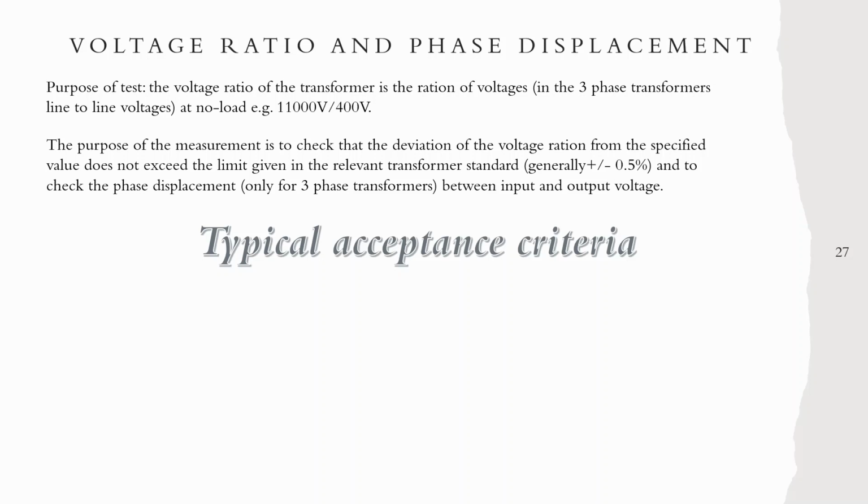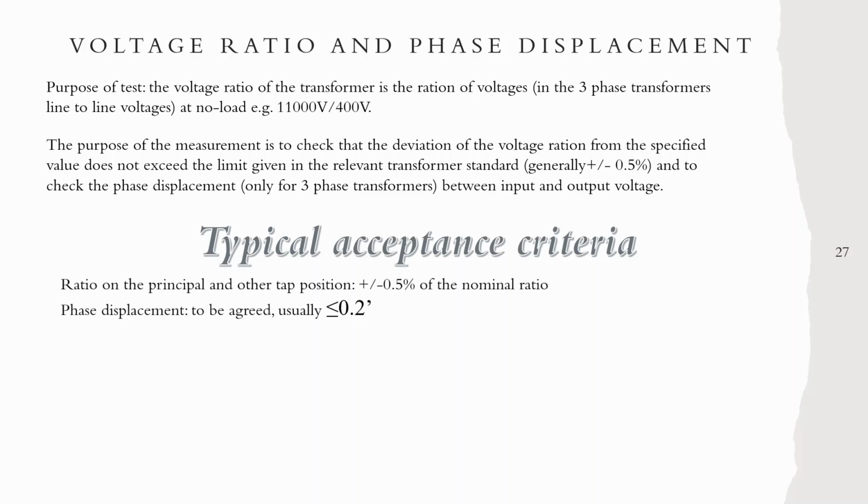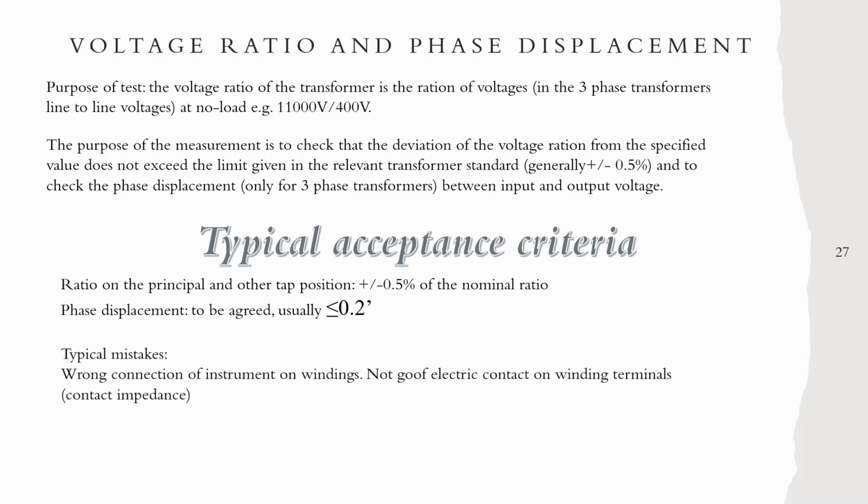Typical acceptance criteria, guys: ratio at the principal and other tap positions is plus and minus 0.5% of the nominal ratio. Phase displacement is to be agreed, usually 0.2. Then typical mistakes: wrong connections of instrument to winding, not good electric contact at winding terminal, contact impedance.